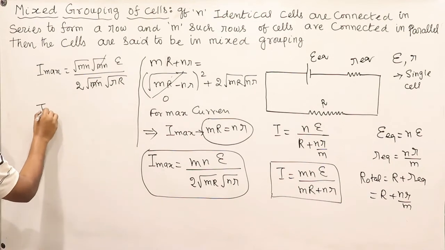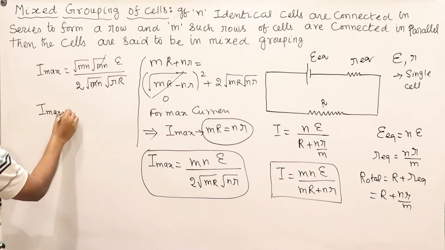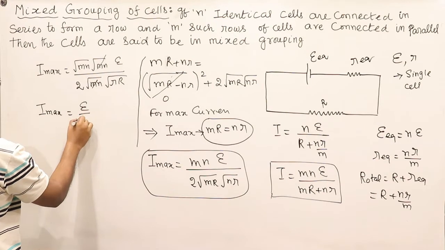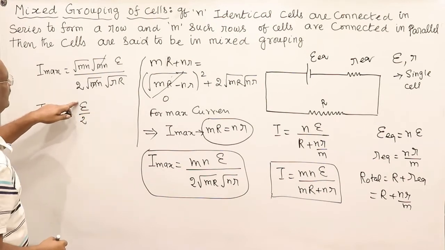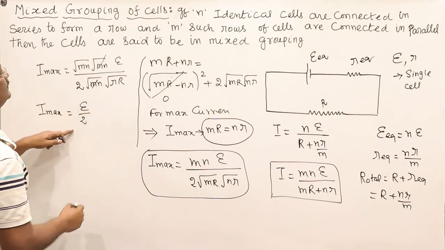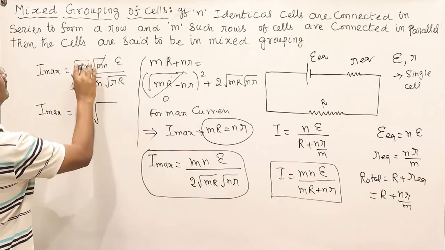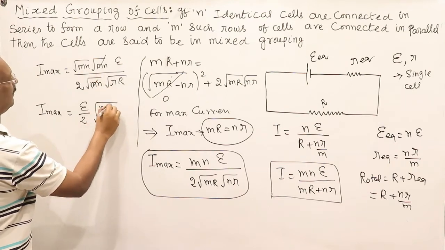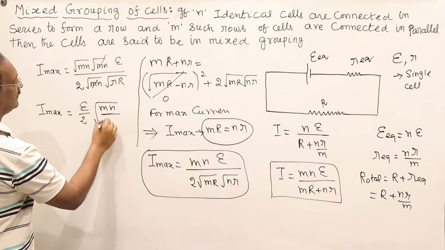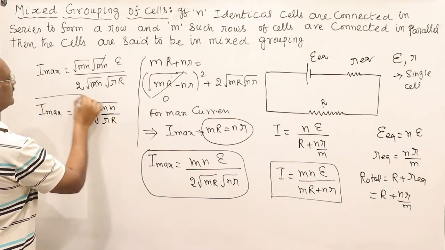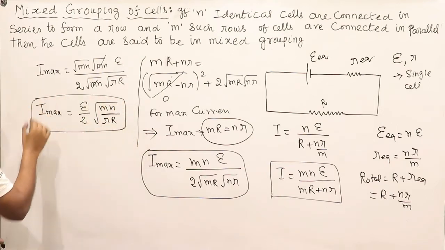So for I max, the condition is E by 2, where E is the EMF of a single battery, divided by 2 into under root, both we can combine, m n divided by R into r. This is the condition for maximum current.